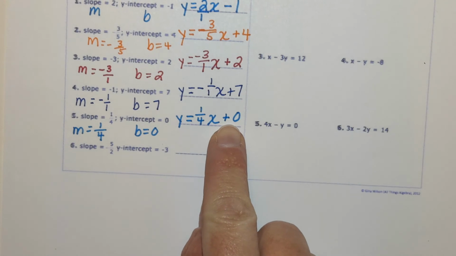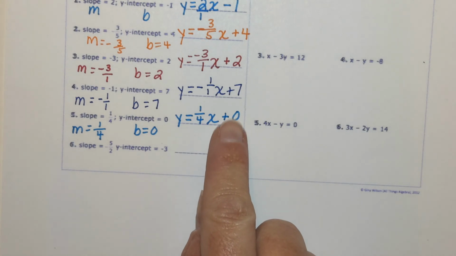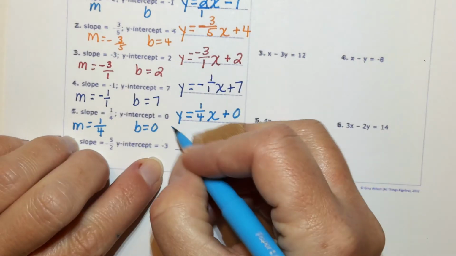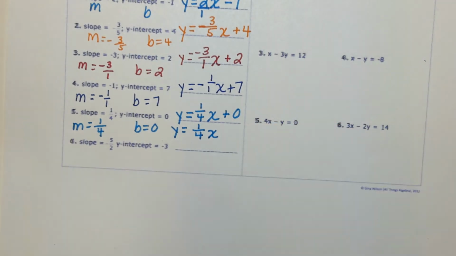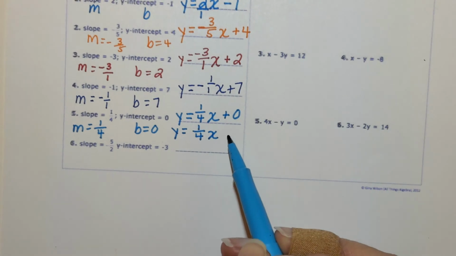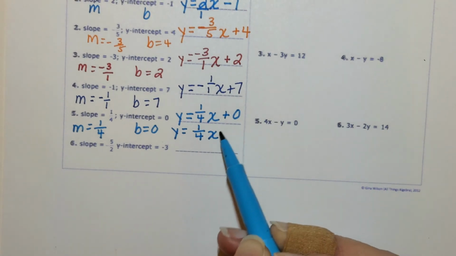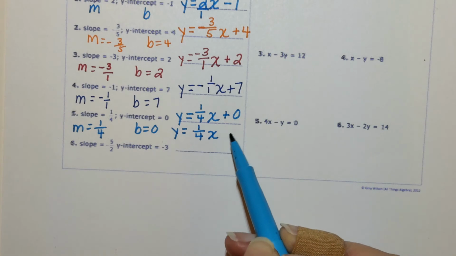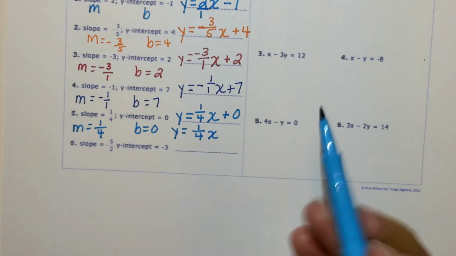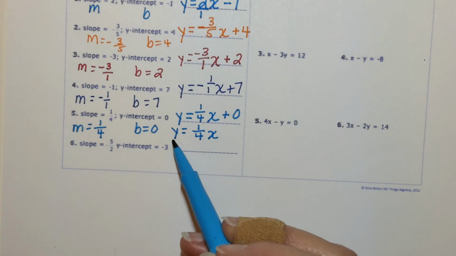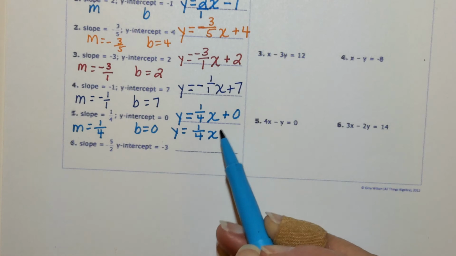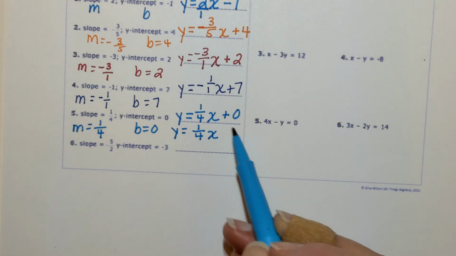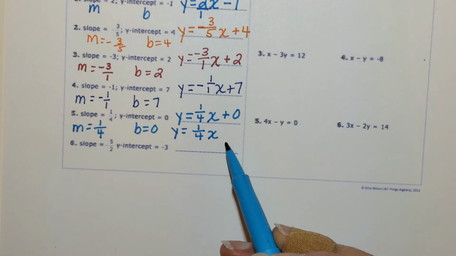Y equals m x plus or minus 0. Now, guess what? Do we usually show adding 0 or subtracting 0 in math class? No, we usually do not. So I'm going to show you an alternate way to write this, where you just don't show anything here, realizing that it is there because it's 0.